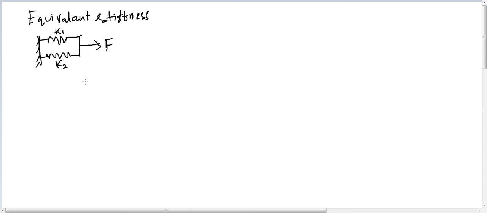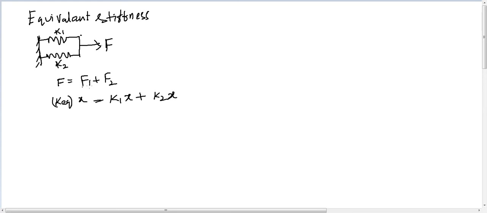So the force we are applying, F, is equal to F1 plus F2. Let us say it is deflected by an amount x in this case, so k equivalent into x is equal to k1 into x plus k2 into x.